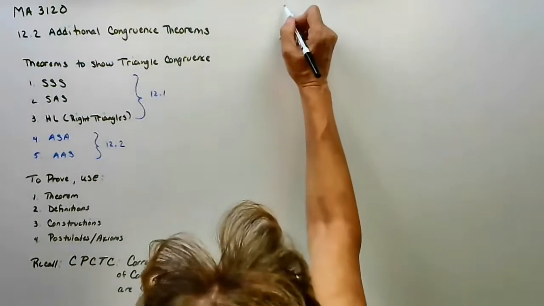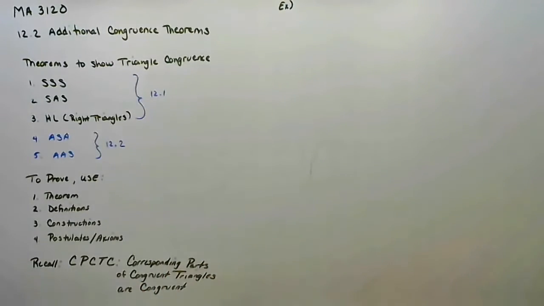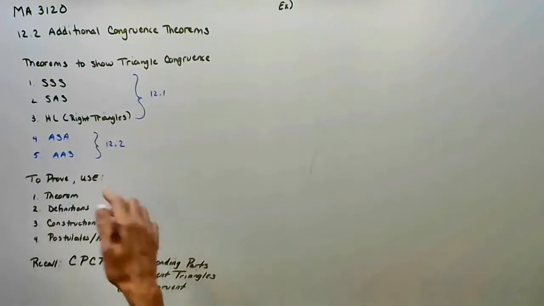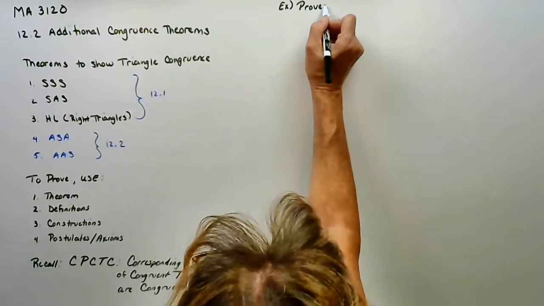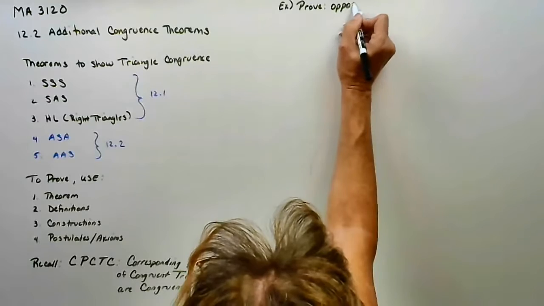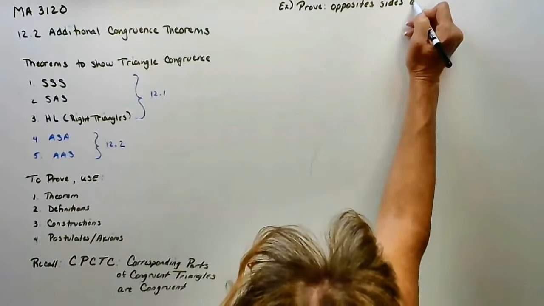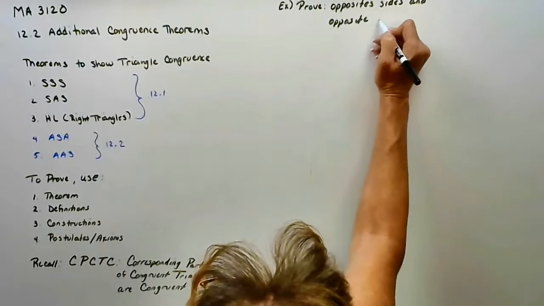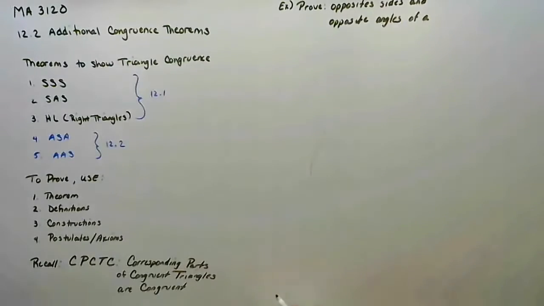So what we want to do is, here's our first proof that we're going to try. We want to show that using the angle-side-angle theorem, we can prove that the opposite sides and opposite angles of a parallelogram are congruent. So we want to prove opposite sides and opposite angles of a parallelogram are congruent.